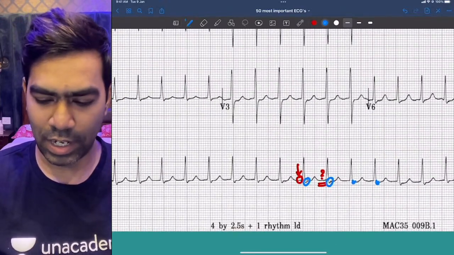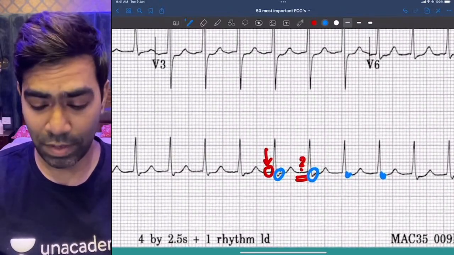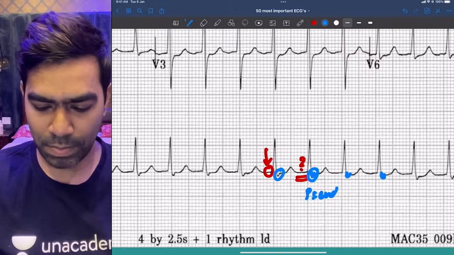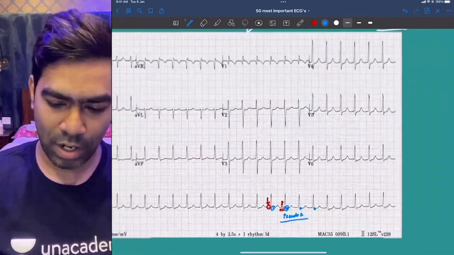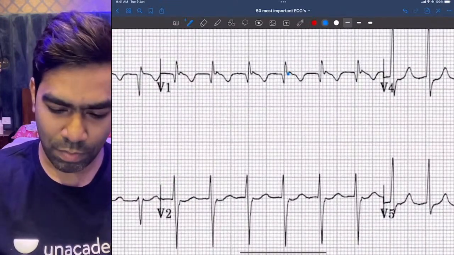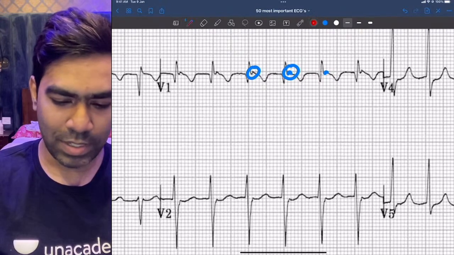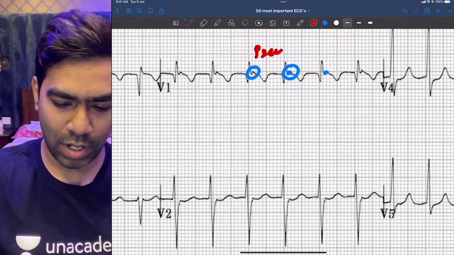But anyway, if you see this kind of buried P waves within the QRS complexes like this, these are called pseudo S pattern. Or sometimes you might see this kind of buried P waves within the QRS complex in lead V1. These are called pseudo R wave pattern.